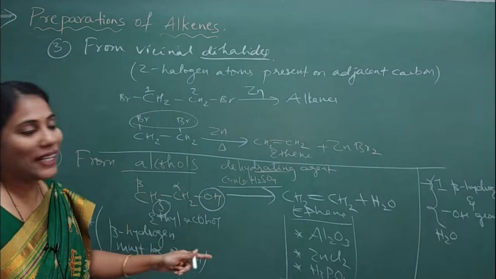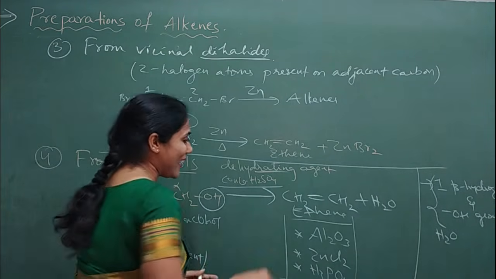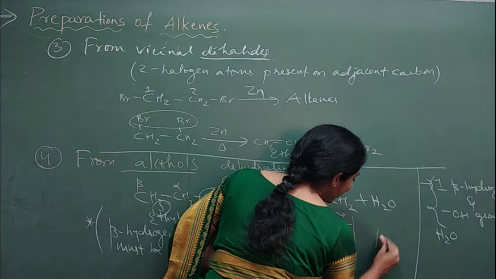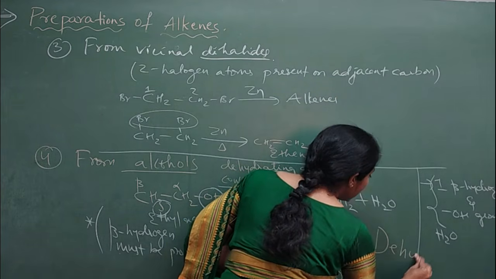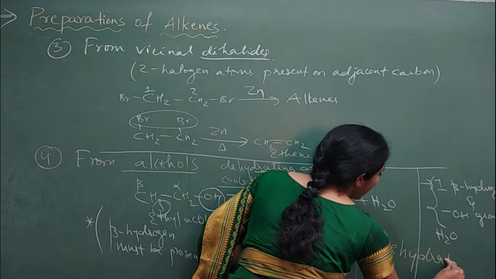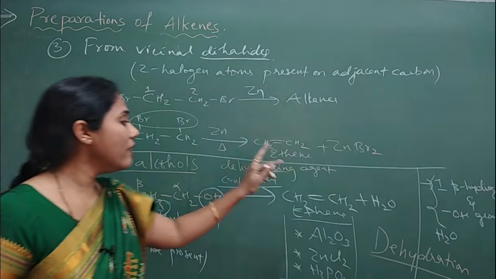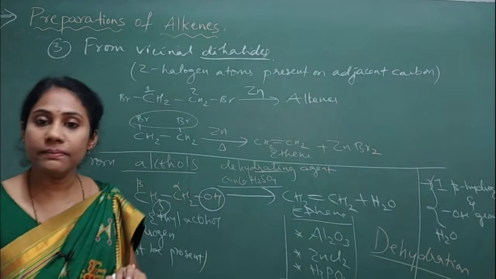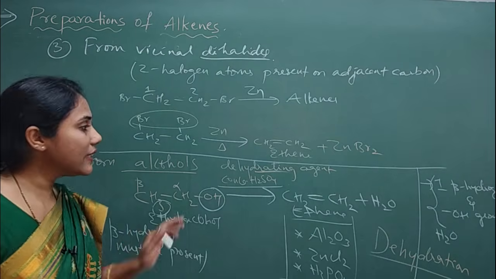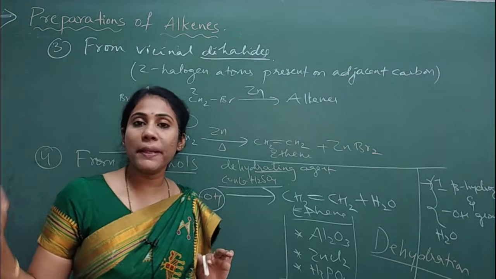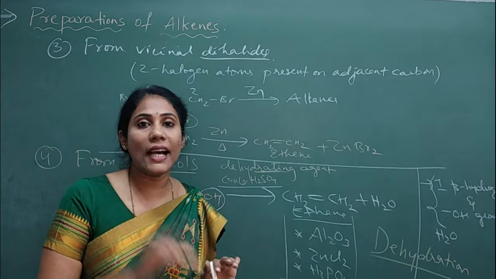This reaction is called a dehydration reaction, because we are removing water. Dehydration of alcohols always gives you alkene. Clear? So these are the different preparation methods that we use to prepare alkenes.